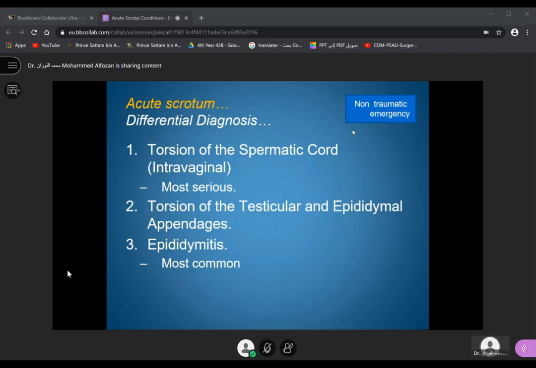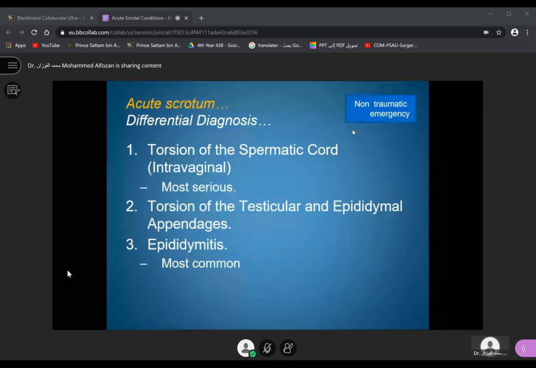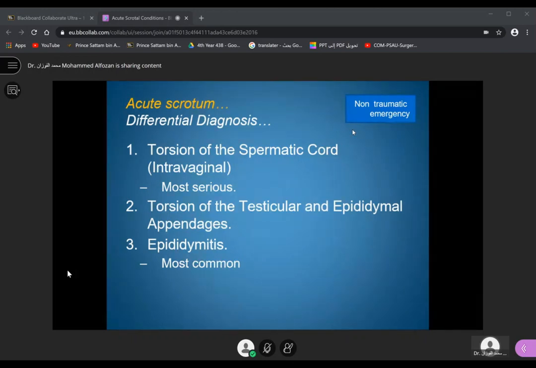If it's epididymitis or infection, epididymorchitis or orchitis, which is the most common, they will present from hours to a week. Same thing for tumors. So, general rule: for any patient with scrotal pain, even if you think it's silly or chronic pain, you have to rule out testicular tumor.